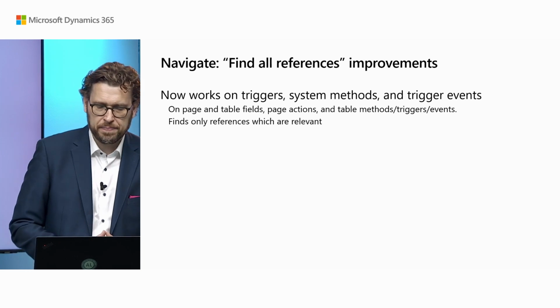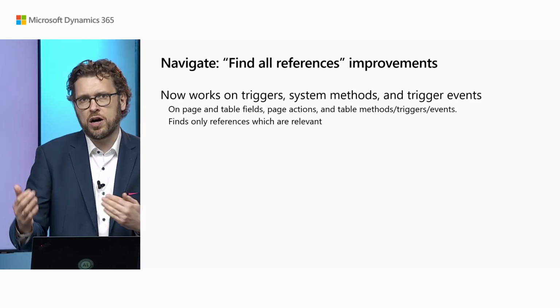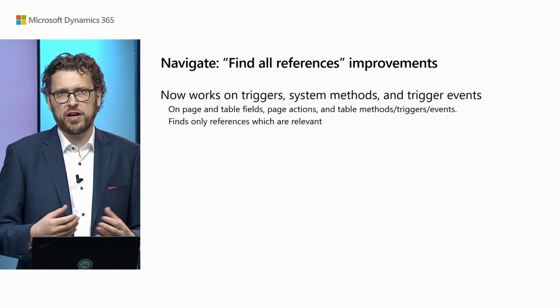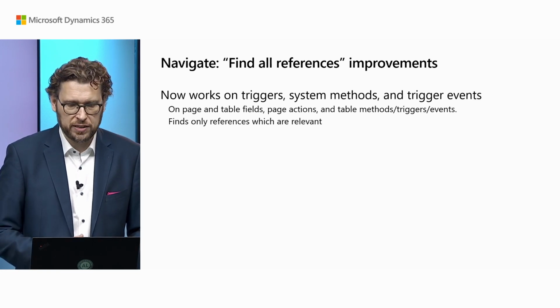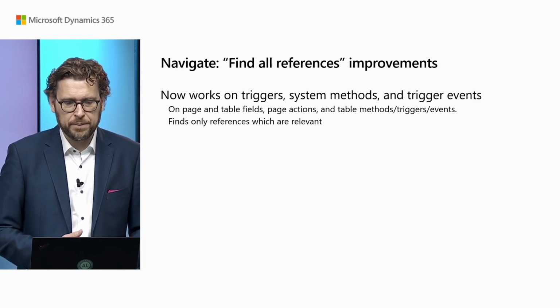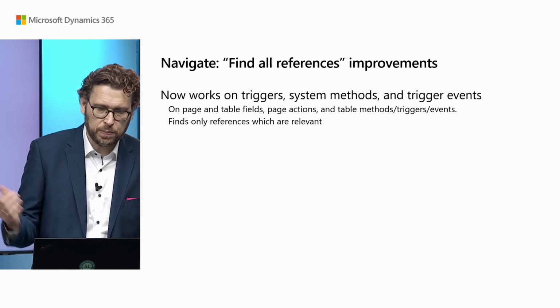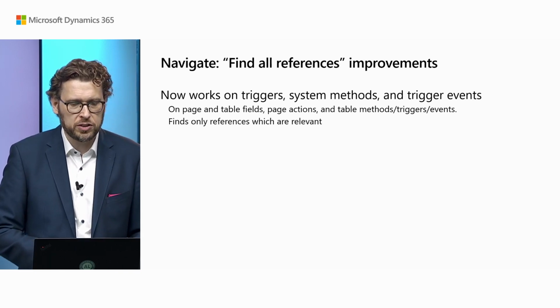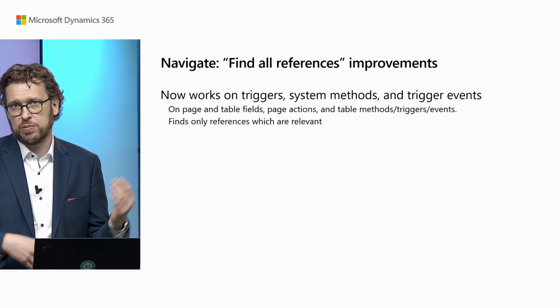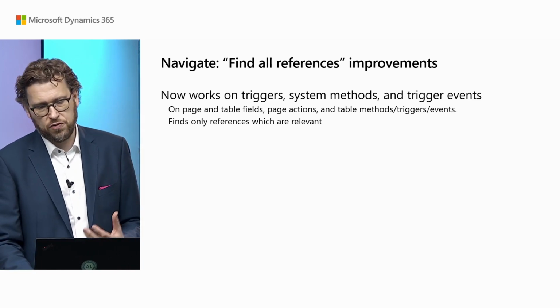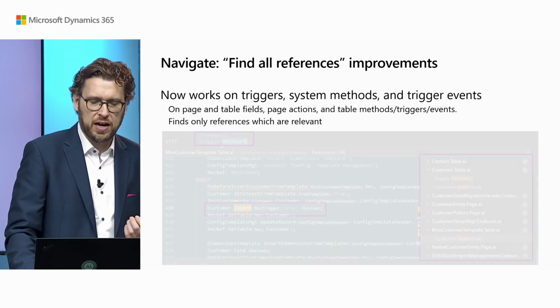Now, commonly when you want to understand the relationship in source, you can use the Find References functionality in Visual Studio Code. And we have improved that to now also work on trigger and system methods and trigger events. That's supported on page and table fields, on page actions, and on table methods, triggers, and events. And we will now find only the references that are truly relevant.